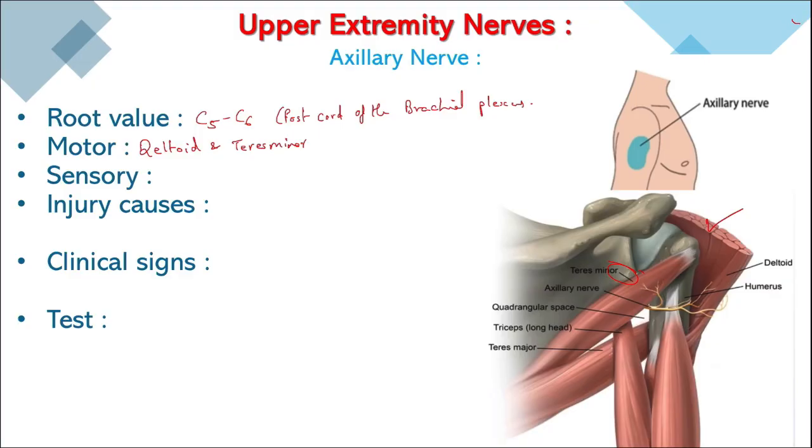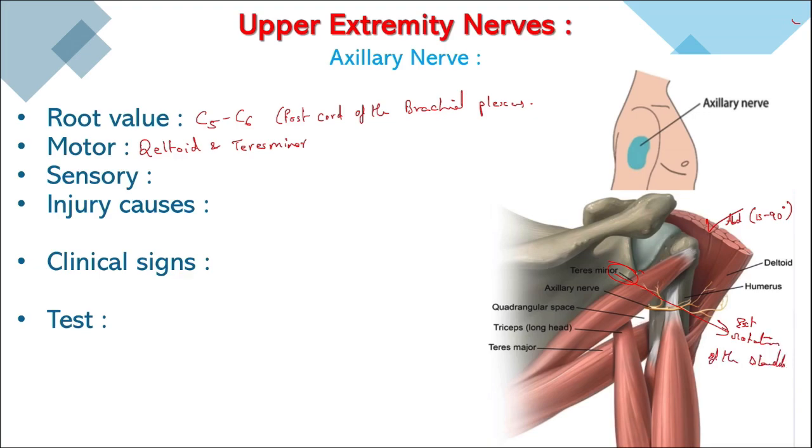The deltoid helps with abduction of the shoulder from 15 to 90 degrees, and the teres minor helps with external rotation of the shoulder. It is very important for the shoulder.